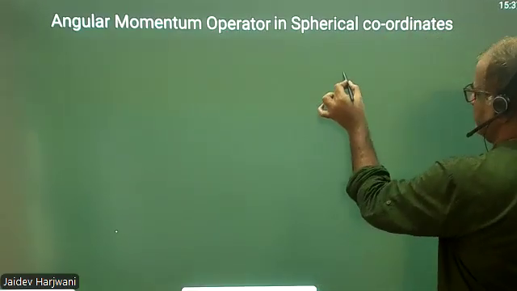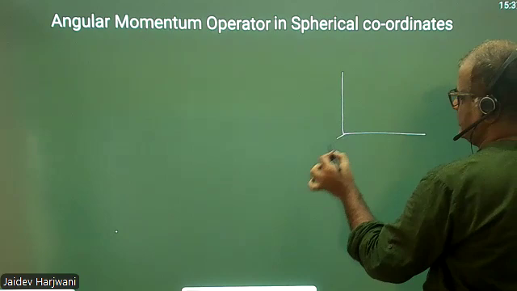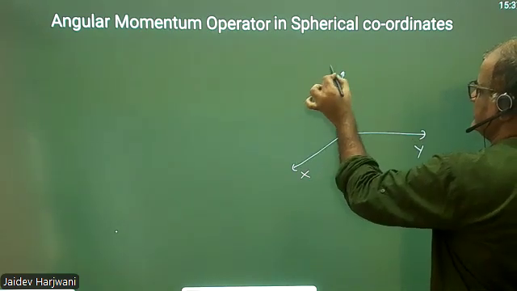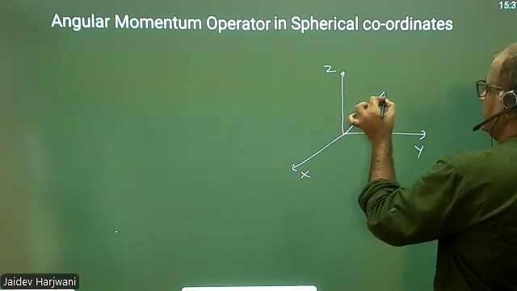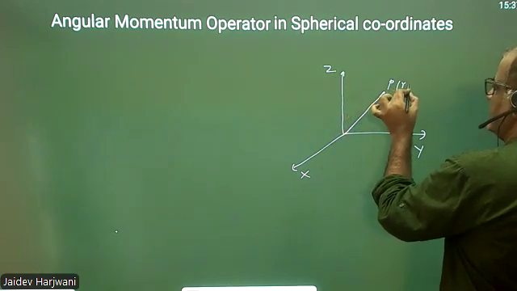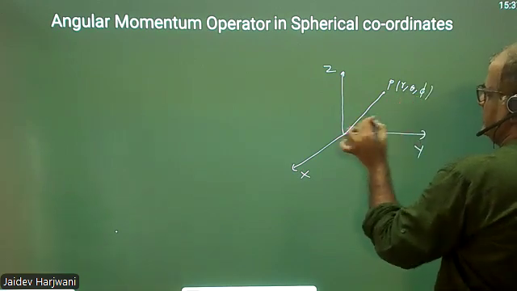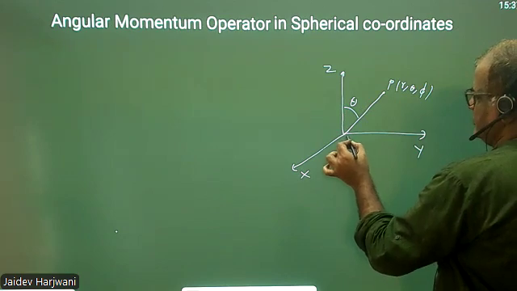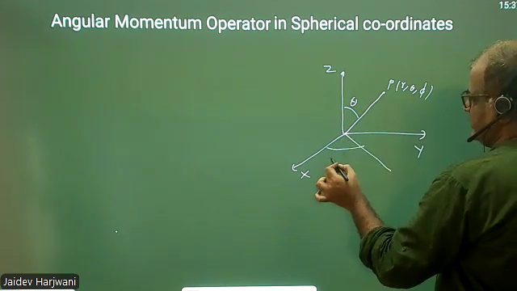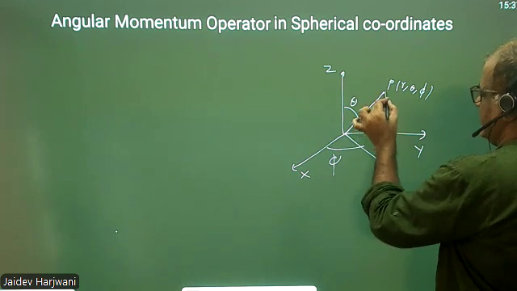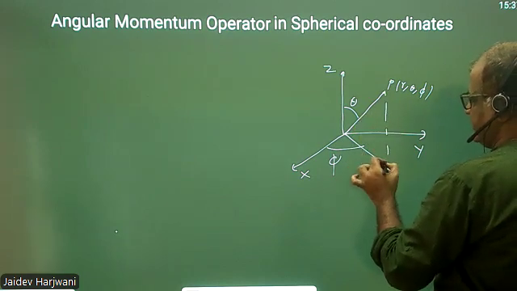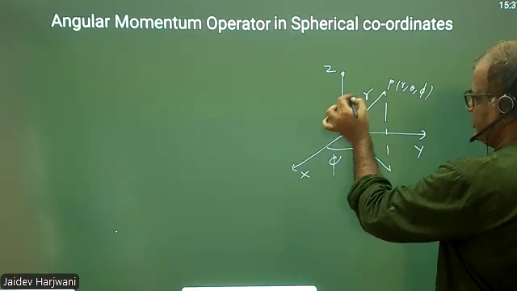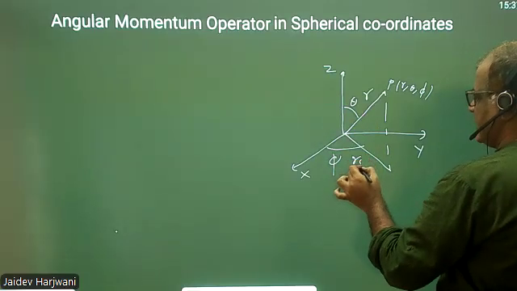And what is the spherical coordinate system? You have an x-axis, a y-axis, and a z-axis. You call this point P (r, θ, φ), this angle is θ, this angle is φ, and if this vector is r, then the projection perpendicular to the z-axis becomes r sinθ.